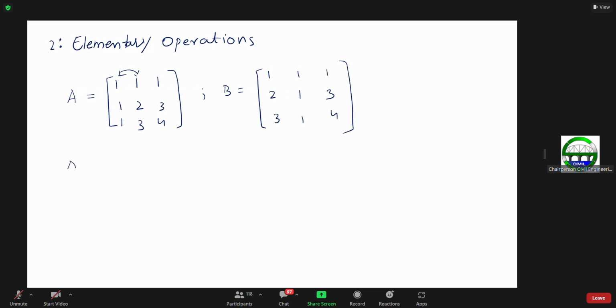Can you find the determinant of A and the determinant of B? Please calculate and tell me, is the answer the same?